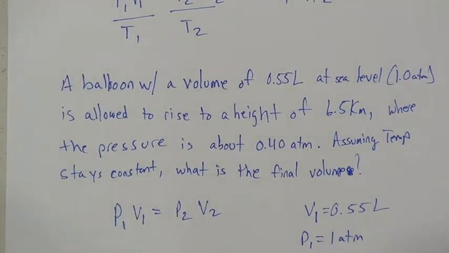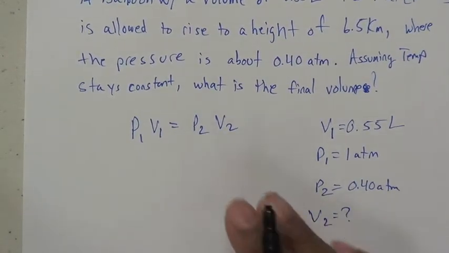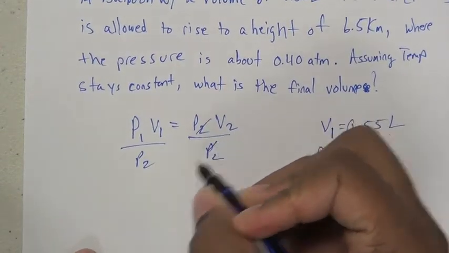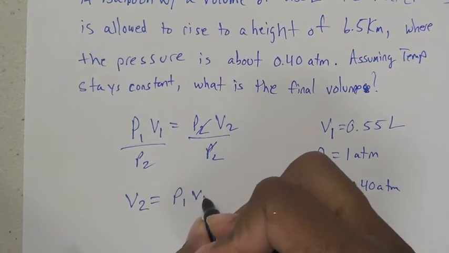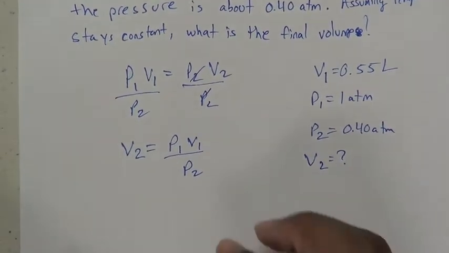First let's solve for V2. We divide both sides by P2, these cancel, so V2 is equal to P1 V1 over P2. Now we plug in.